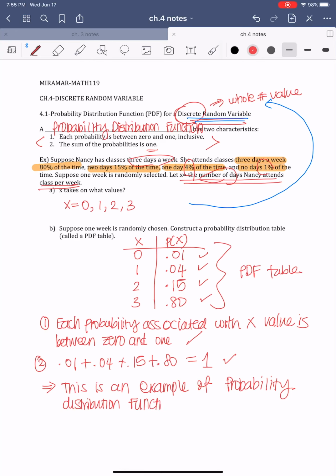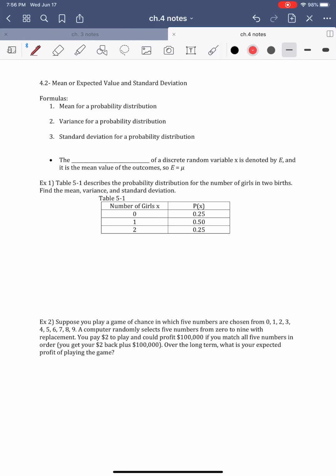Okay, so the first type of function is pretty straightforward, not too bad. Now, with the probability distribution function, there are a couple other formulas to help us find out more about the data. So mean, variance, standard deviation.